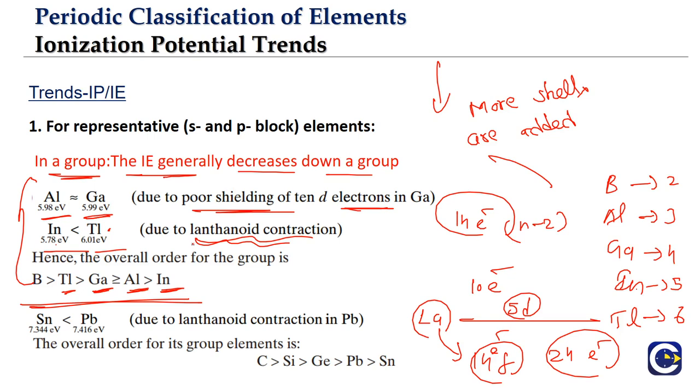Because of the poor shielding effect of 14 electrons entering into the 4f subshell and 10 electrons entering into the 5d subshell, the nucleus influence on the outermost electron is so high that the ionization energy will be 6.01. It is just next to boron. It is more than indium, more than aluminum, and also more than gallium. It is just next to boron. So this is about the anomaly in the ionization energy of the 13th group elements or the 3A group elements.